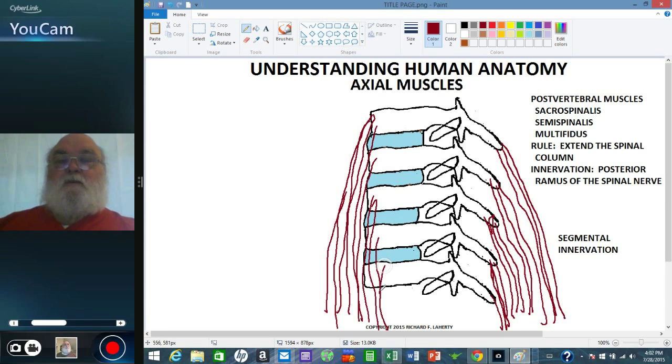And again, their other attachment is inferior to these attachments onto the vertebra. These muscles are on the anterior side, and they are called prevertebral muscles.